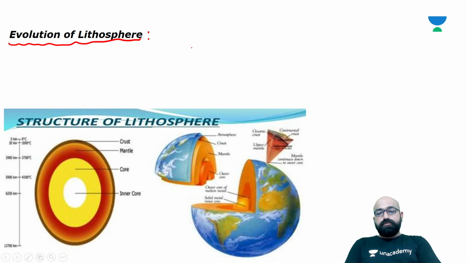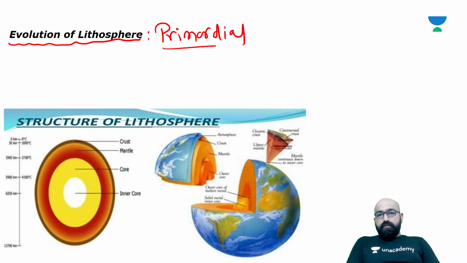The Earth was mostly in a volatile state during its primordial stage.